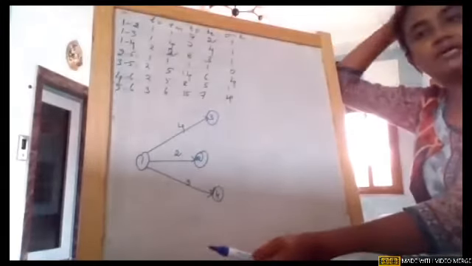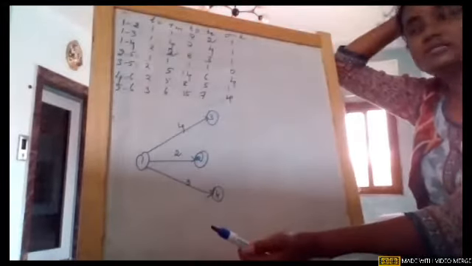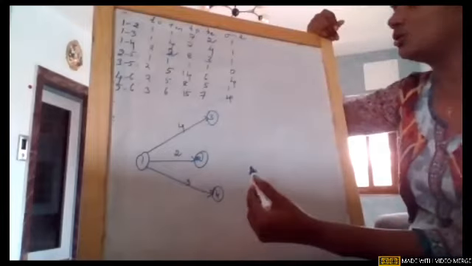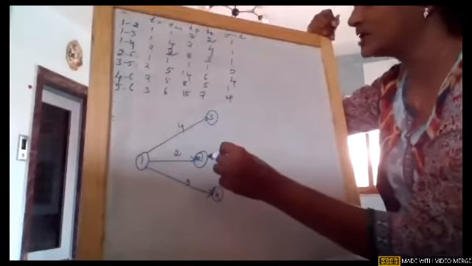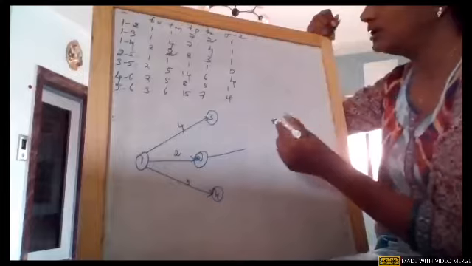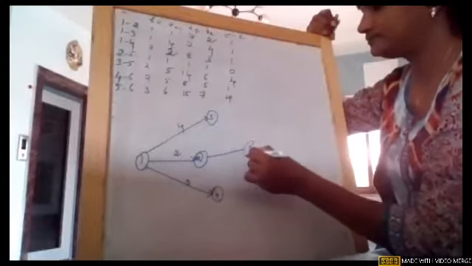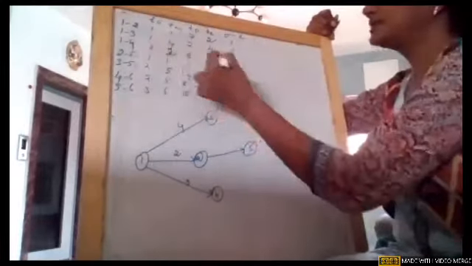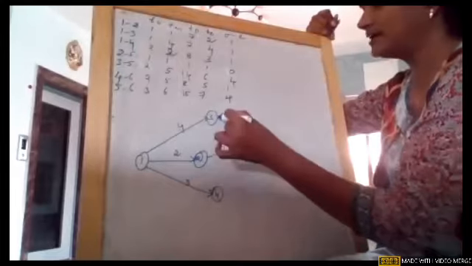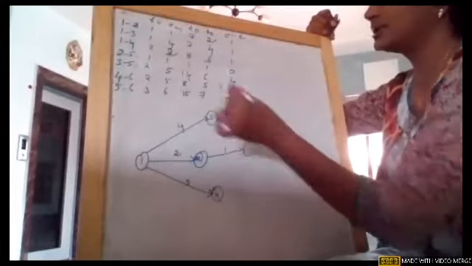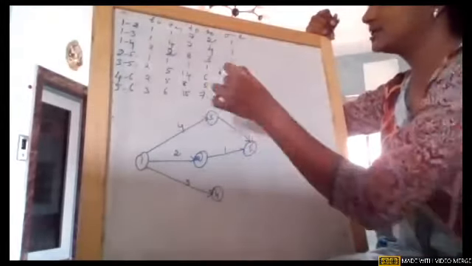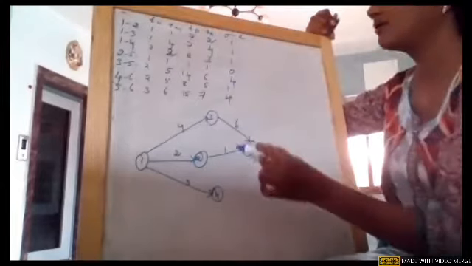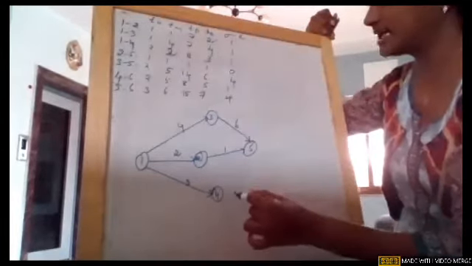Till now we had A, B, C as names. Here there are no names, so no problem, we can write them directly. 2 to 5, the duration is 1, and 3 to 5 is also there, where the duration is 6. And 4 to 6 and 5 to 6.